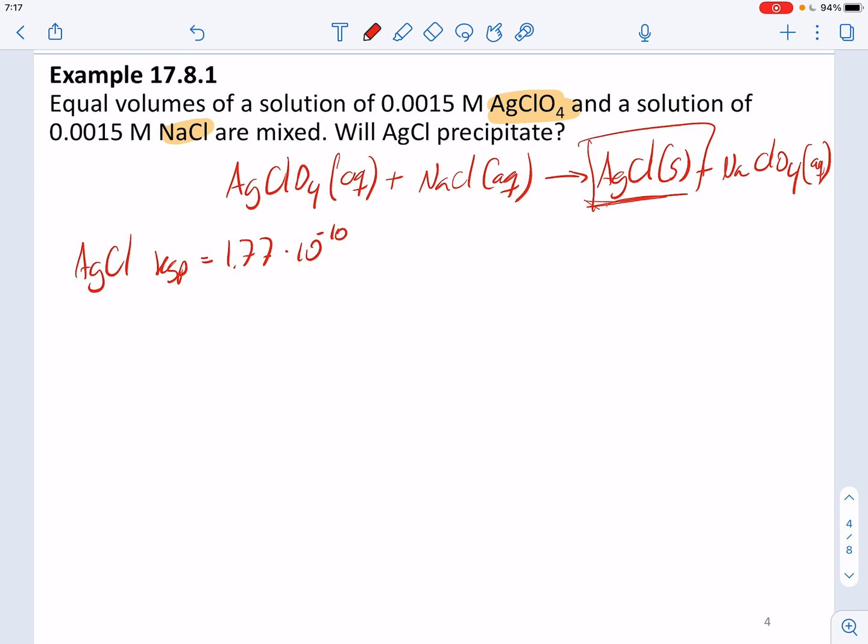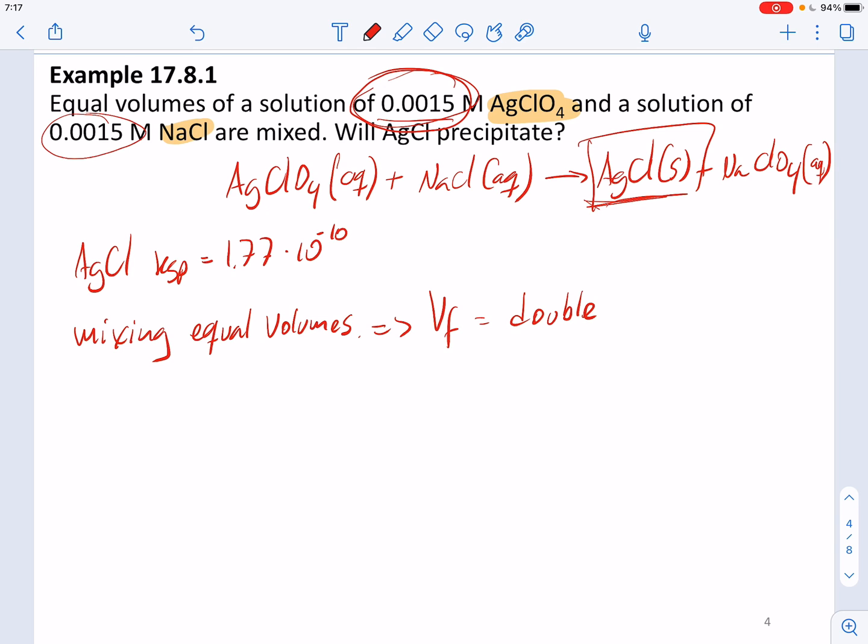Okay, so we need to compare these concentrations to that KSP, but not so fast, because remember that here you are mixing equal volumes. What does that mean? You are mixing two solutions for which the concentration of the individual solutions is 0.0015. So what is the final volume? If you are mixing equal volumes, then the final volume is double the volume.